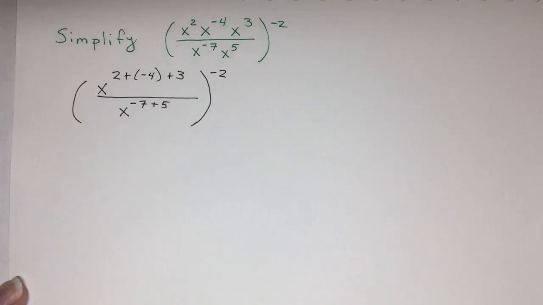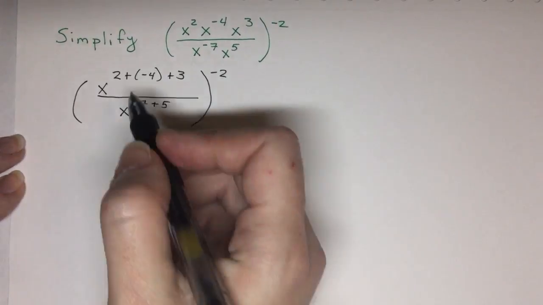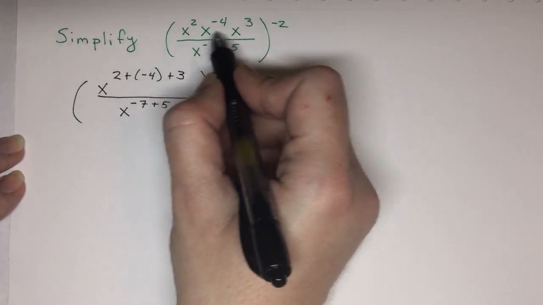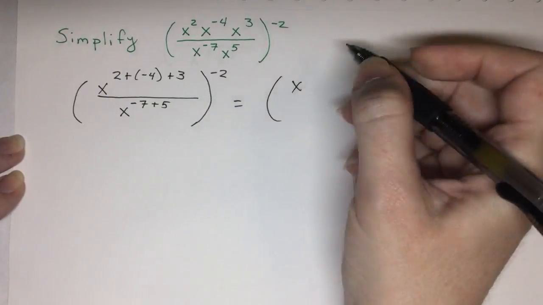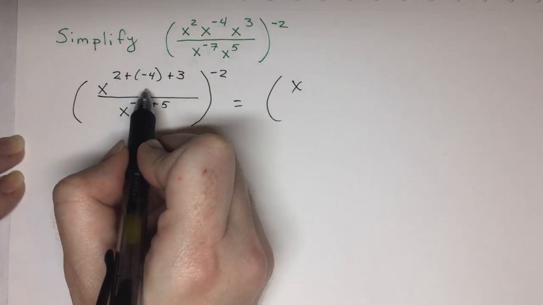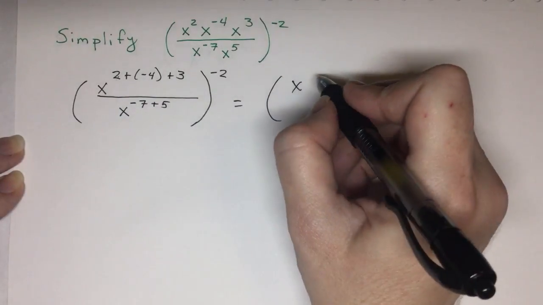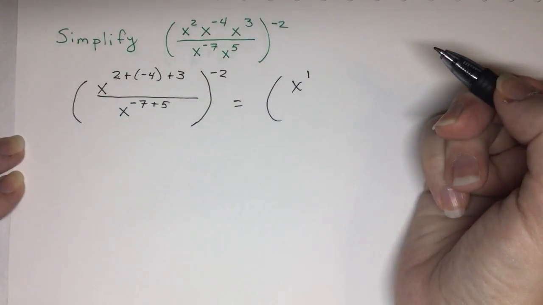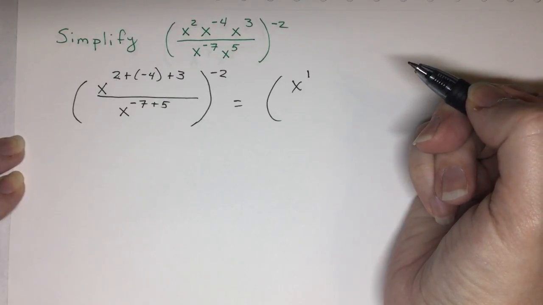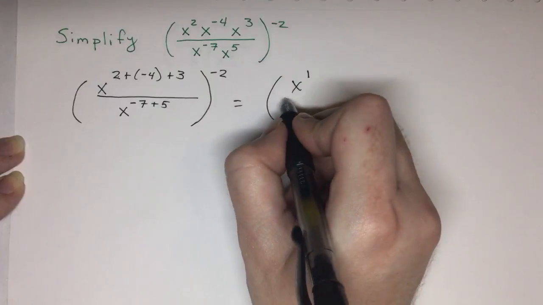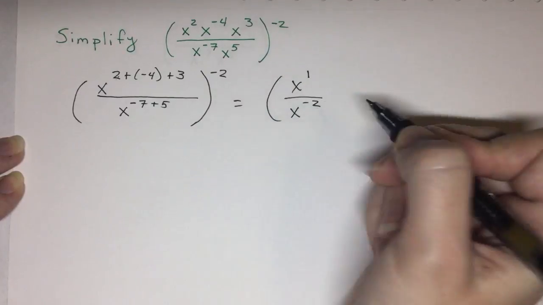This is all to the negative 2. Negative powers, same base multiplied, we add. So this gives me 2 plus negative 4 is negative 2. Negative 2 plus 3 is 1. Negative 7 plus 5 is negative 2.